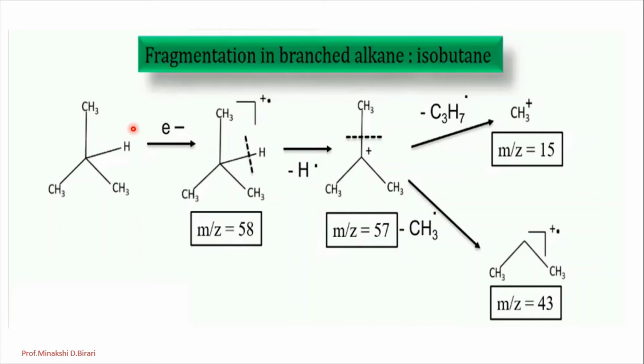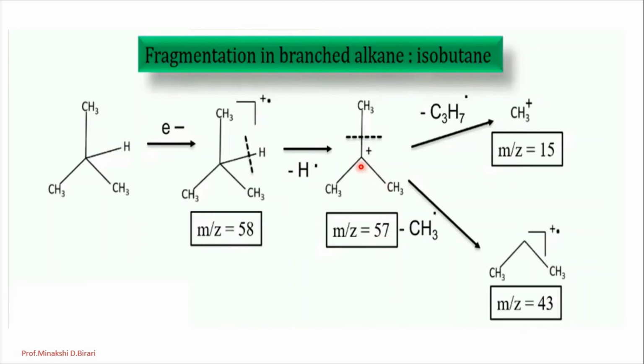So isobutane undergoes ionization and that gives the molecular ion peak at m/z 58. Further, there is a loss of an H radical, and again there is formation of the peak at m/z 57. So there is formation of such a cation, a positively charged species. So the peak is observed at 57.